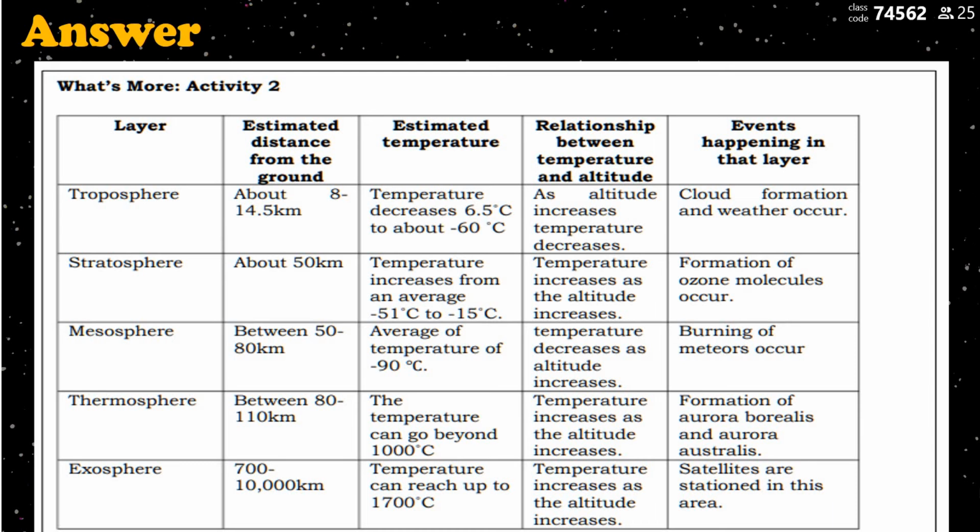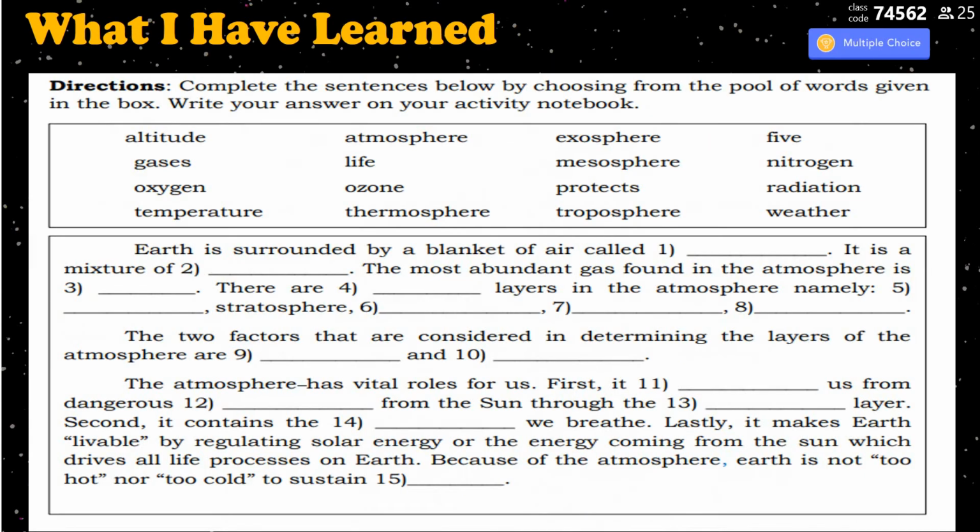Estimated distance from the ground is 700 kilometers to 10,000 kilometers. Estimated temperature can reach up to 1700 degrees Celsius. Relationship between temperature and altitude: temperature increases as altitude increases. Events happening in this layer, satellites are stationed in this area. So that will be the answer for activity number 2.